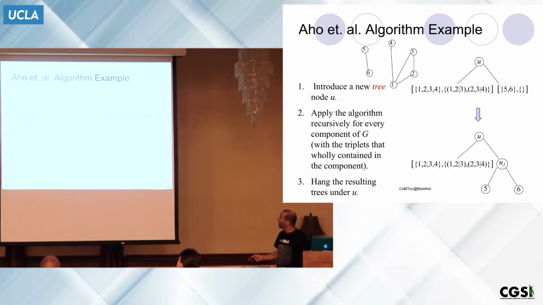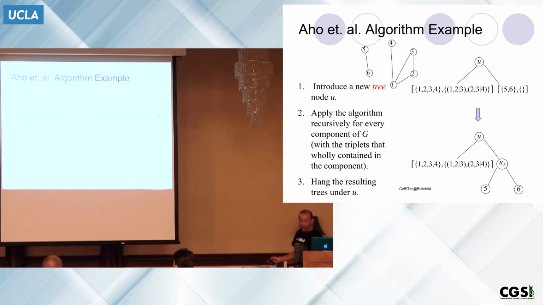We have here 1, 2, 3, 4, and the information contained within this component, and we have here 5 and 6, and the information is with the triplets, the information contained in these guys. Of course, no information can be contained here. Okay, is that clear? Of course, no information can go here.